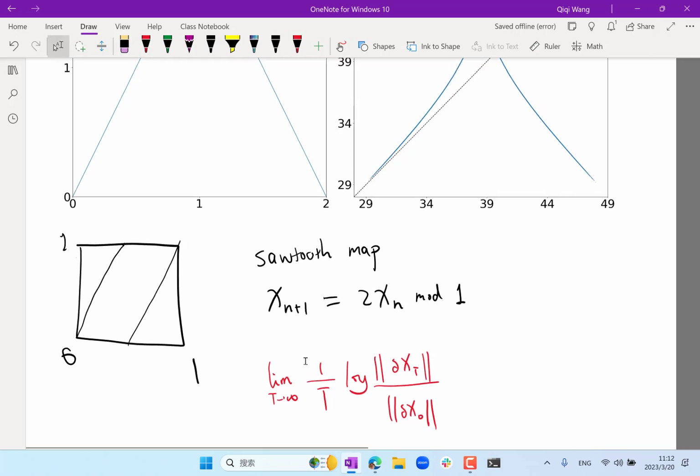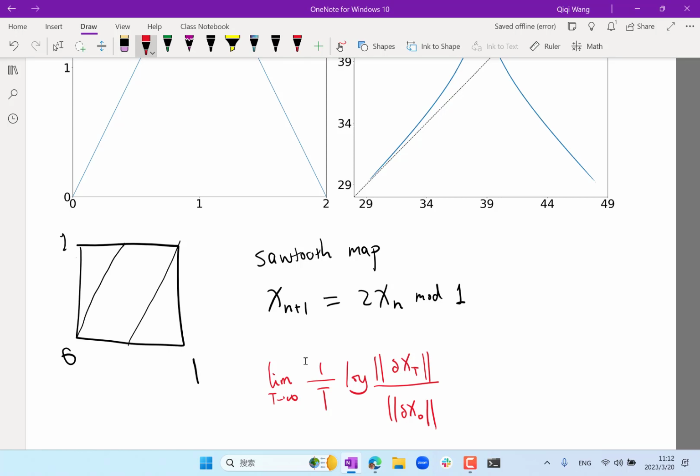Actually, either for the tent map or the sawtooth map, what is the Lyapunov exponent? Over every iteration, the delta x is magnified by a factor of 2, right? So over t iterations, it is magnified by 2 to the power of t.